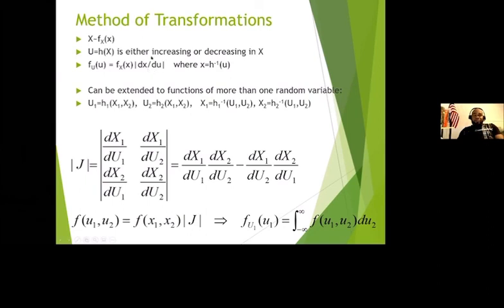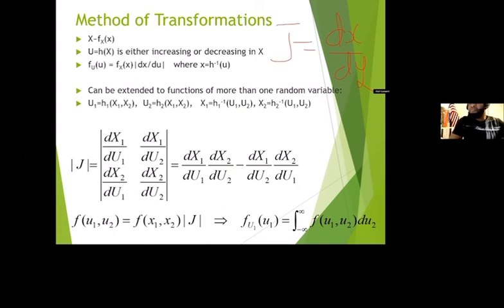This is an absolute value of the Jacobian. My Jacobian for one variable is just going to be dx/du.